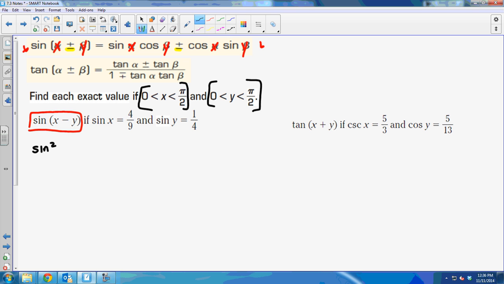So sine squared x plus cosine squared x equals 1, right? Well, I know what sine x is, so I have 4/9 squared plus cosine squared x equals 1. Because I know what sine x is, so I replaced it. Four ninths squared is 16 over 81.